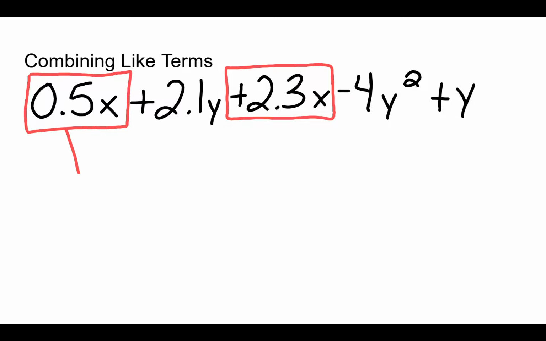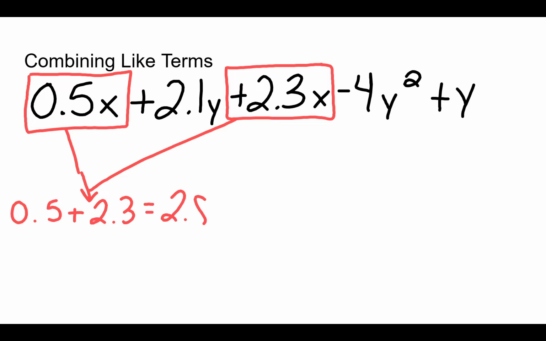So I'm going to combine those first just to get those out of the way. 0.5 plus 2.3 is equal to 2.8. Okay, and then I keep x the same. So I have 2.8x.